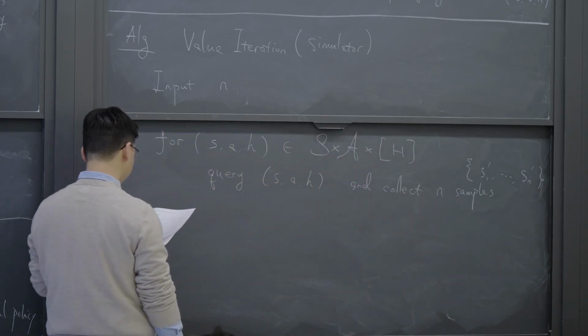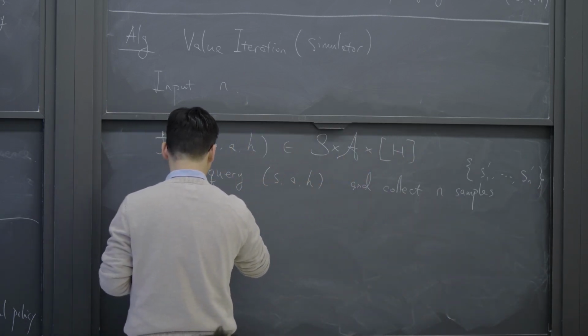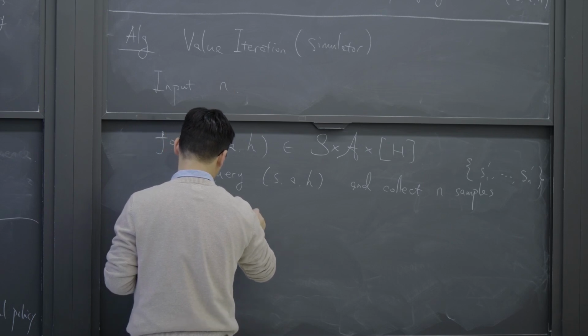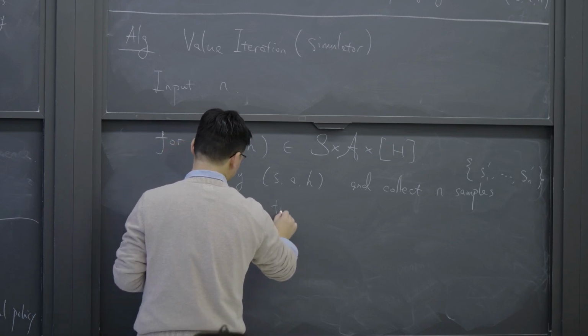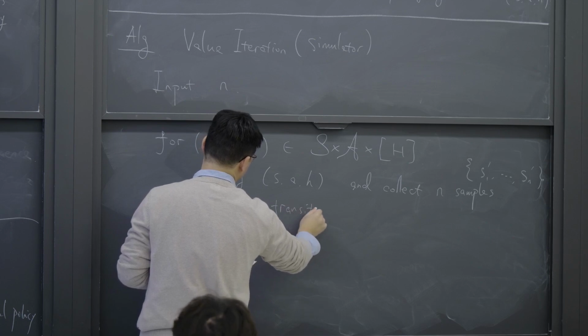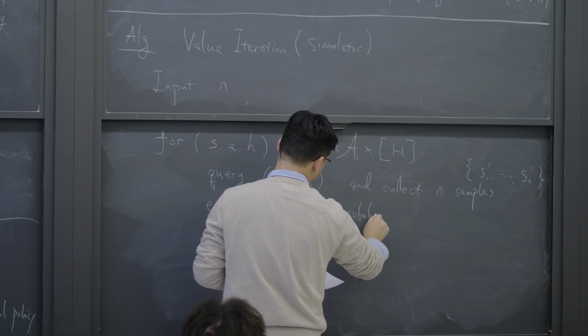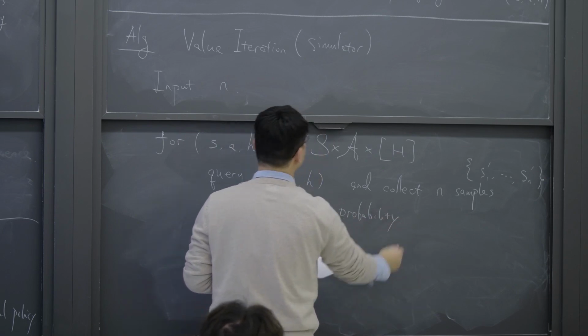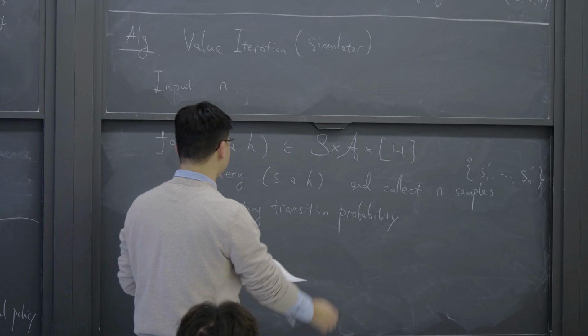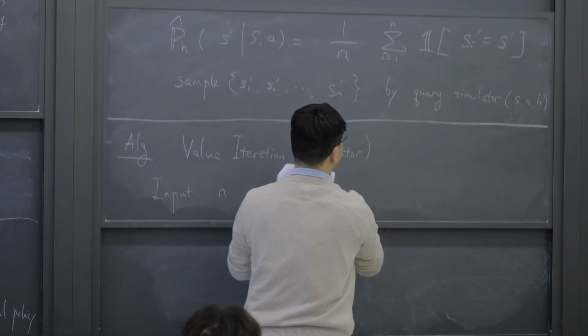And I will directly do the estimation of the transition probability by this star equation. Let's call this a star.